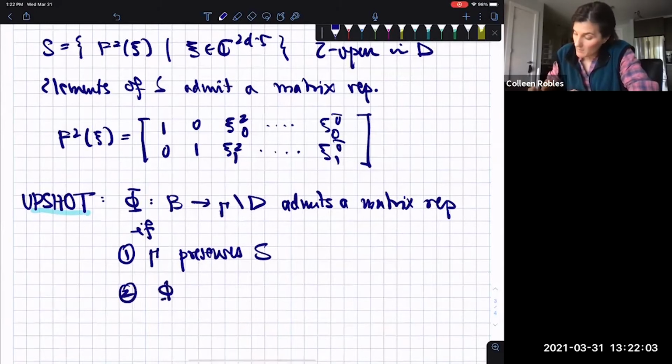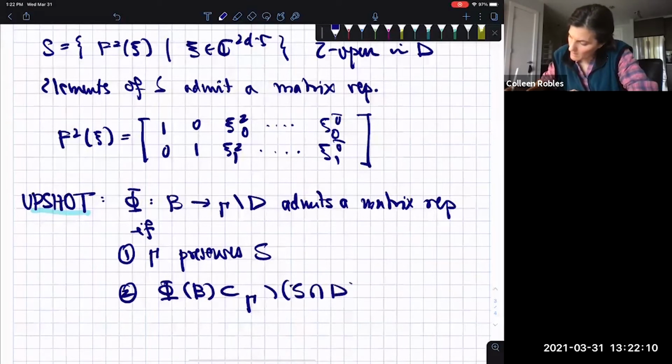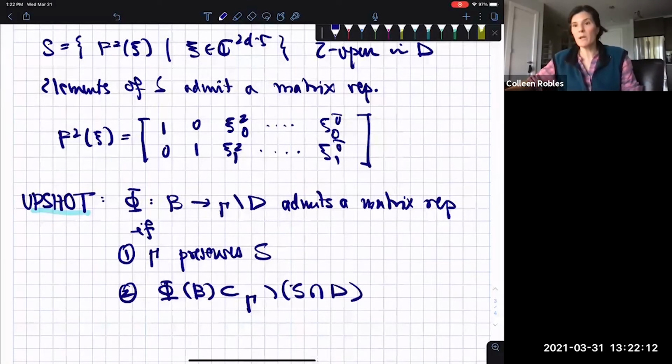And the image of the period map itself takes values in the discrete quotient of the intersection of that Schubert cell with the domain.